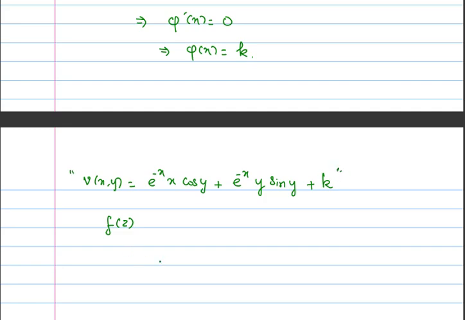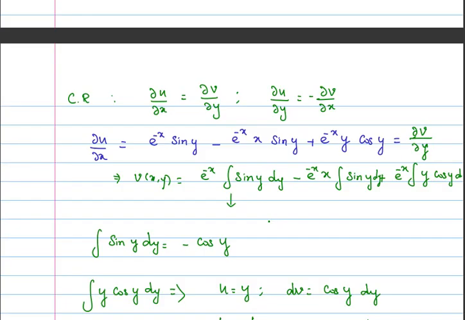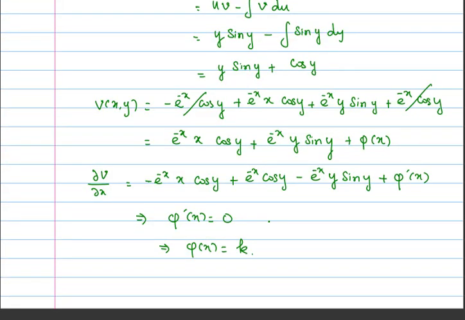What the third part asks is that we have to find f of z in terms of z. So this is very tricky. You can write x as (z plus z bar) divided by 2 and y as (z minus z bar) divided by 2i. You can construct it, but that is a very tedious process.